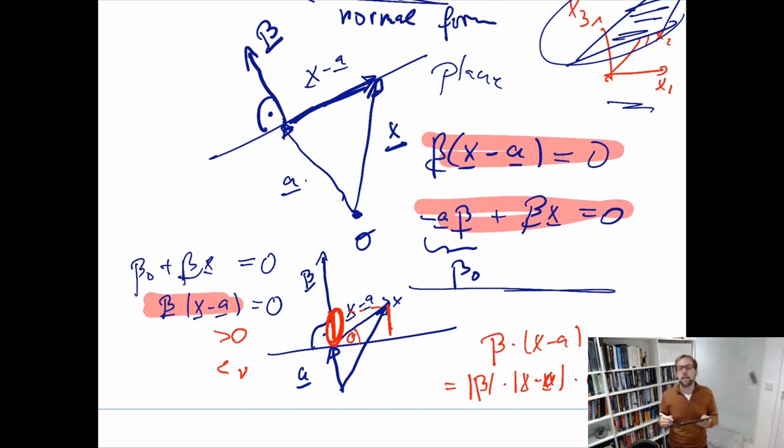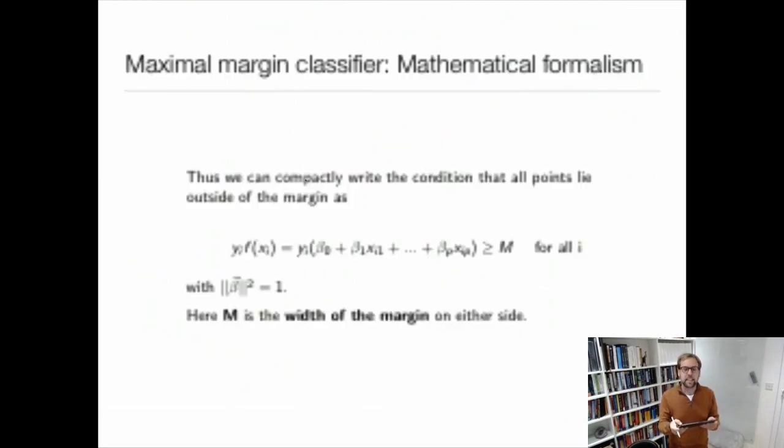If the length of beta is equal to 1, then this term is equal to 1, and the second term is nothing else but the length of this projection. This is important to notice, and apologies if it got a little cluttered here. I should have introduced a new page rather than adding it to the existing one.